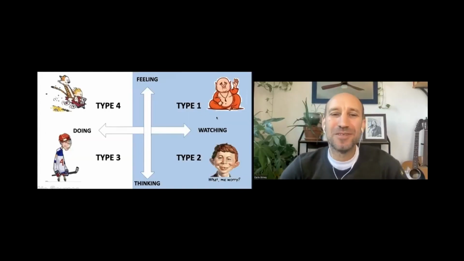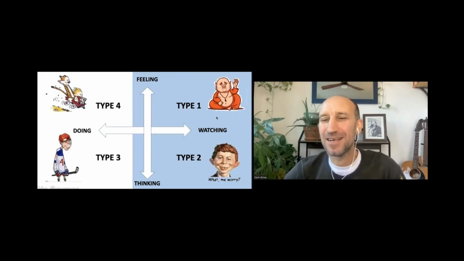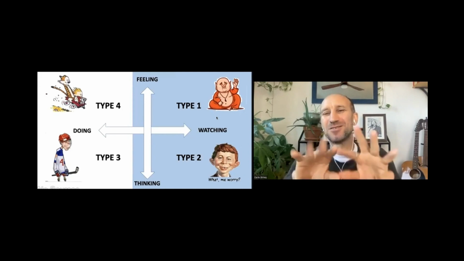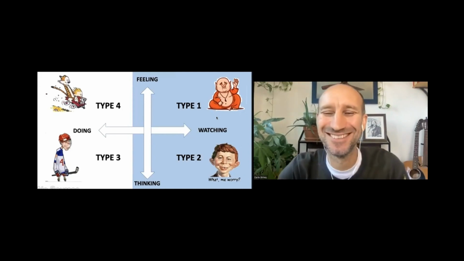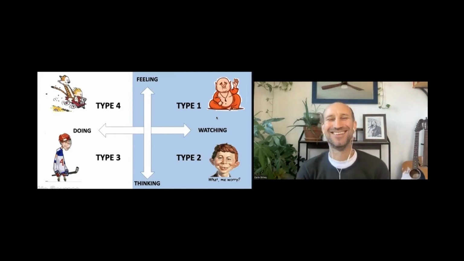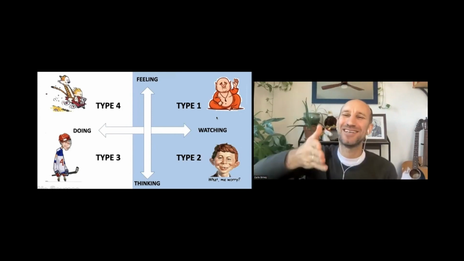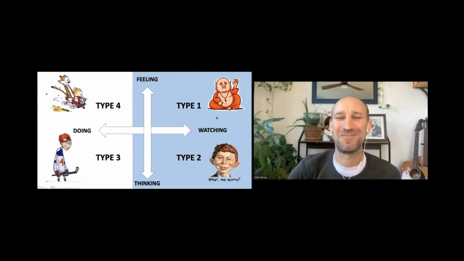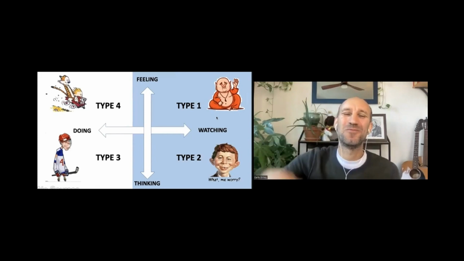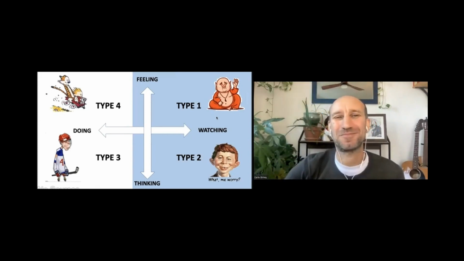Let's do a quick review. I'm going to ask a lot of questions. You are expected to type in the chat the answers. All right. Two lines. The first line goes vertical. We can see it's feeling and thinking.